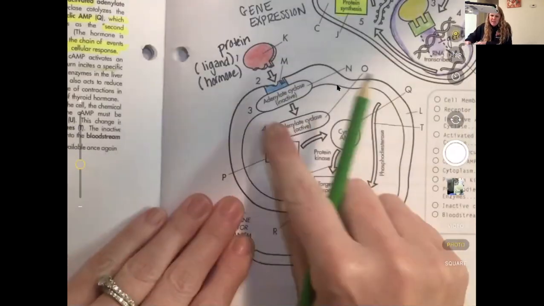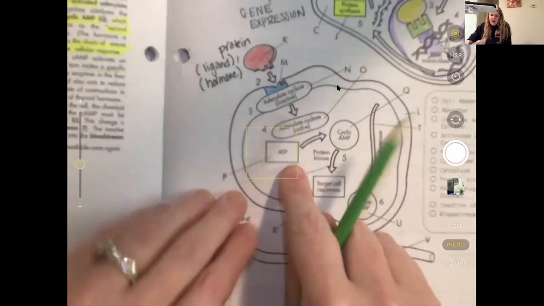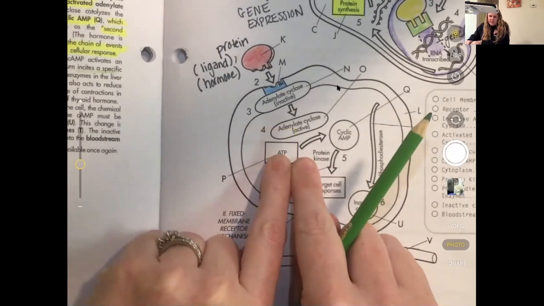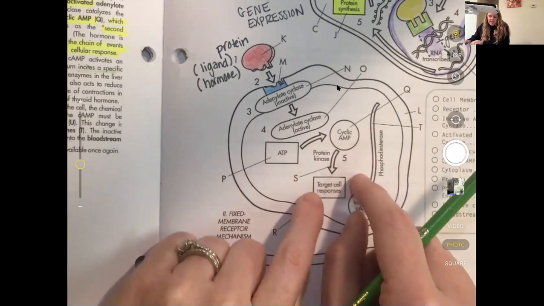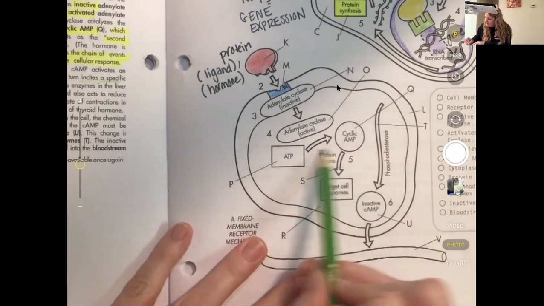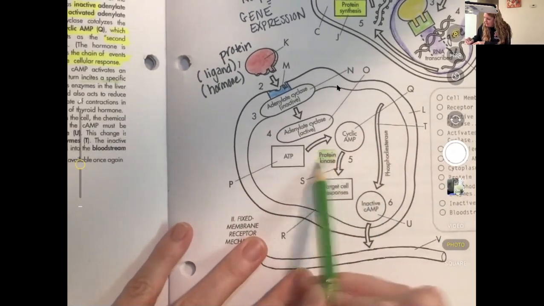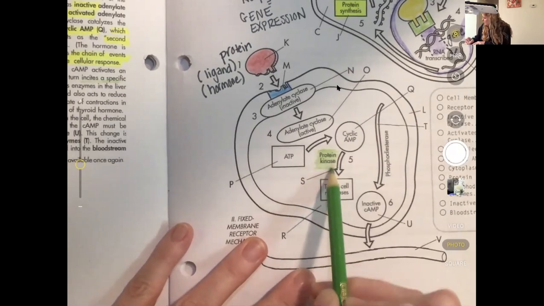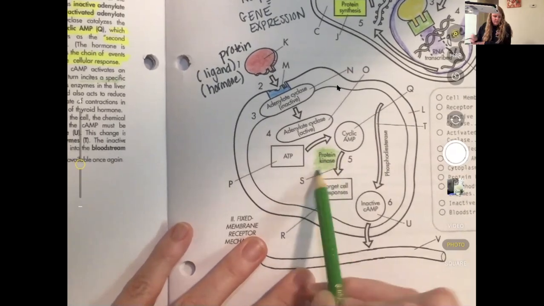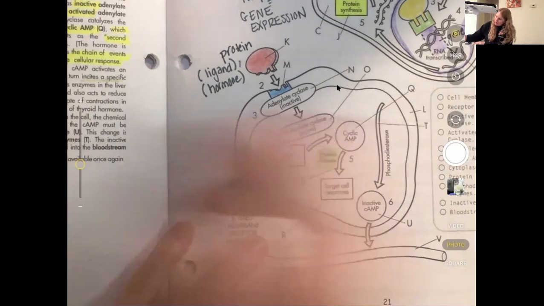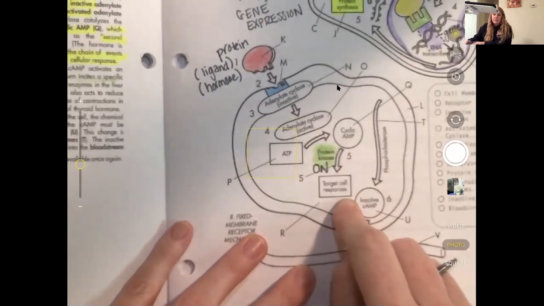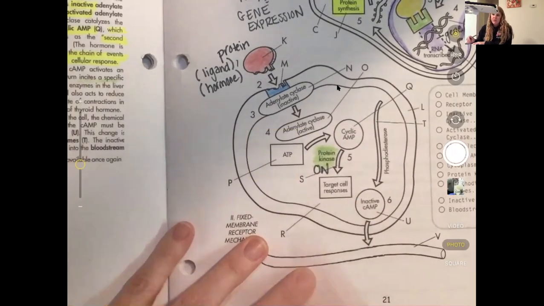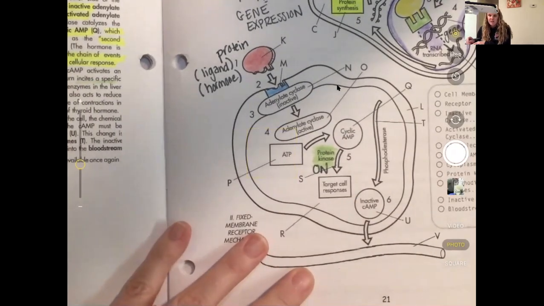And we can see that adenylyl cyclase took ATP, turned it into cyclic AMP, cAMP, and then cAMP, with the help of a protein kinase, is going to turn on our target cell responses, which could be any one of those things that I just said.